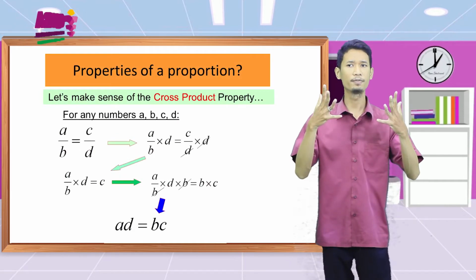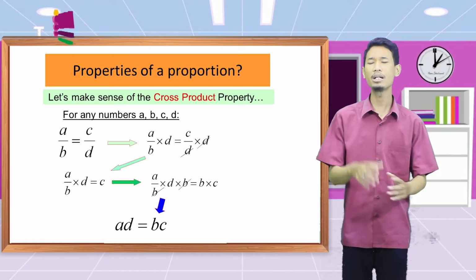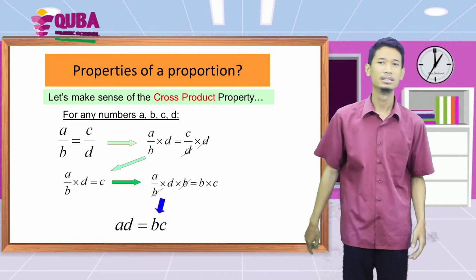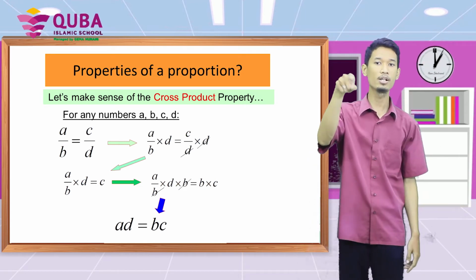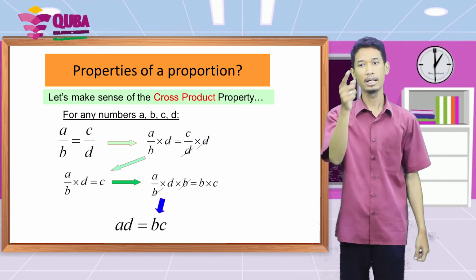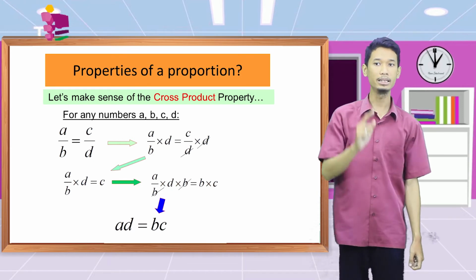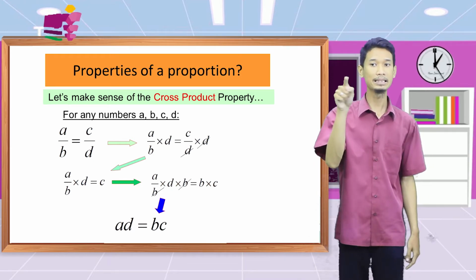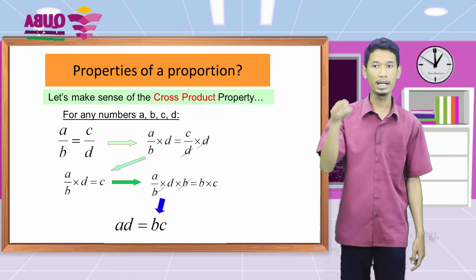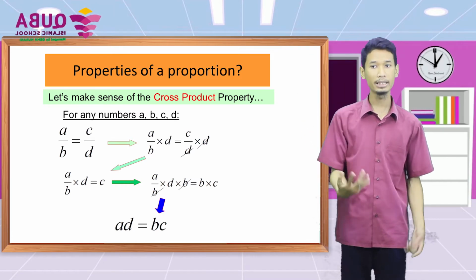Let's make sense of the cross product property. For any numbers A, B, C, D, A over B equals C over D, and then A over B multiplied by D equals C over D multiplied by D, right?